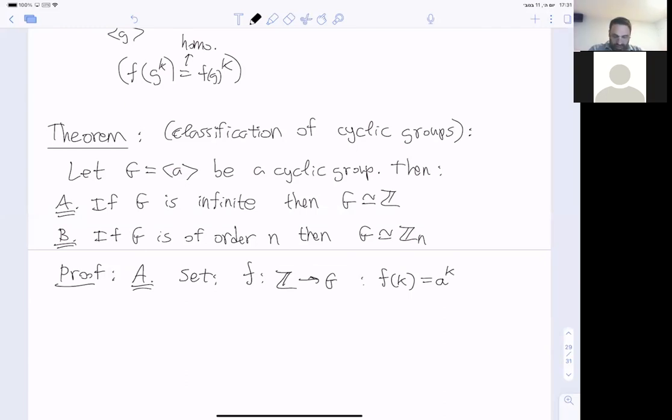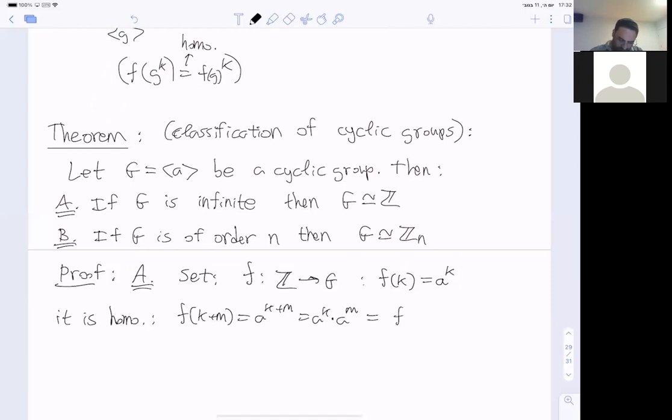So let us see it is a homomorphism. F of k plus m is by definition a^(k+m), which is a^k a^m. I don't know what the operation here is, it doesn't matter.